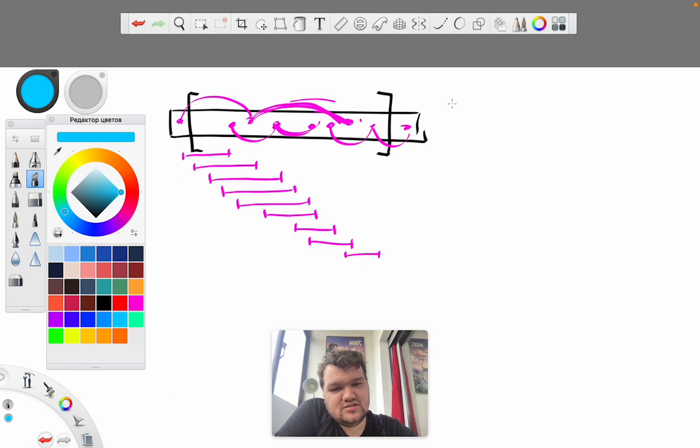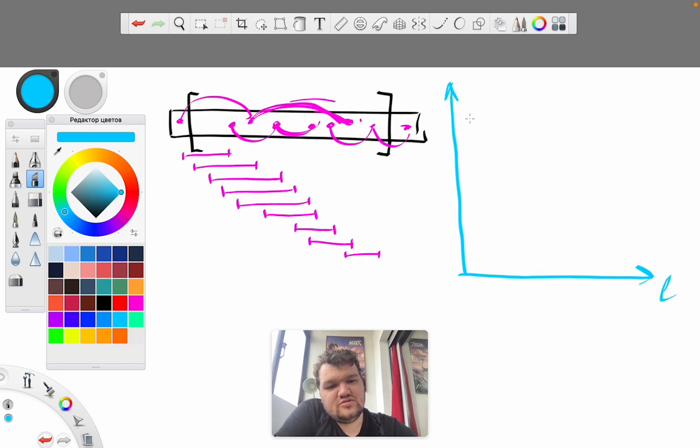So let's draw it as the left border of a segment and the right border of a segment. Right border should be at least left, so everything under the diagonal is surely bad.